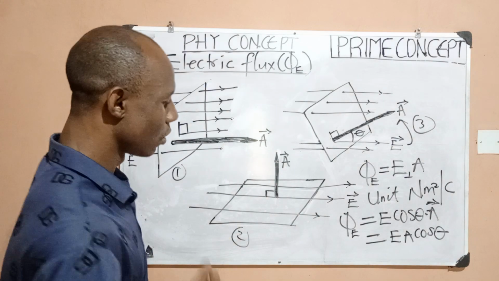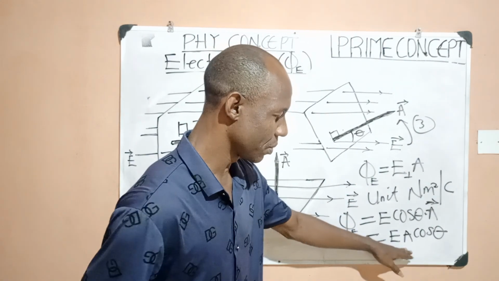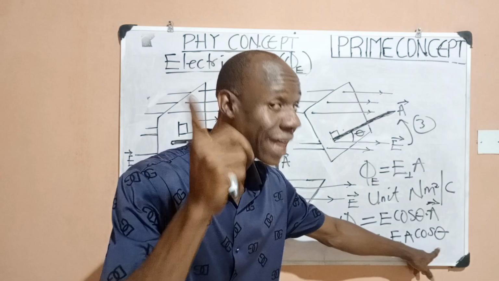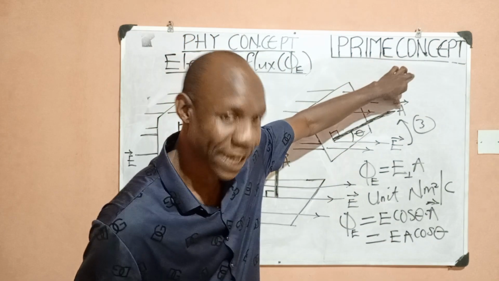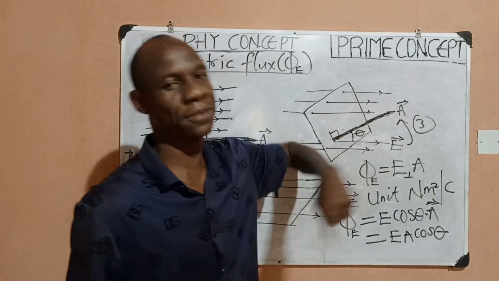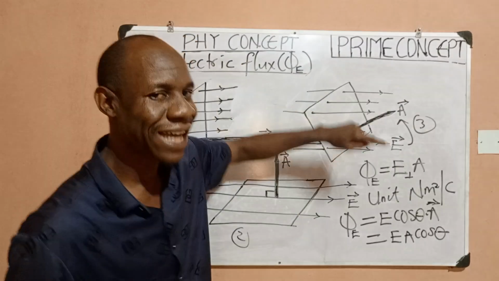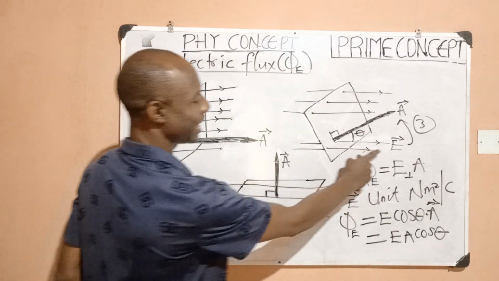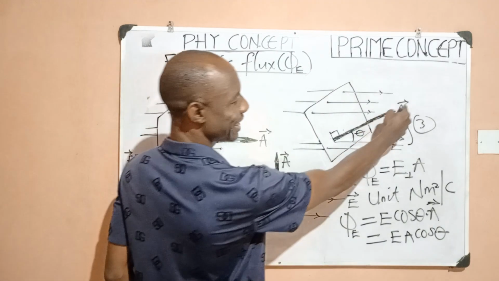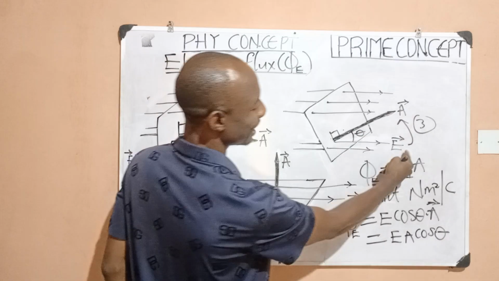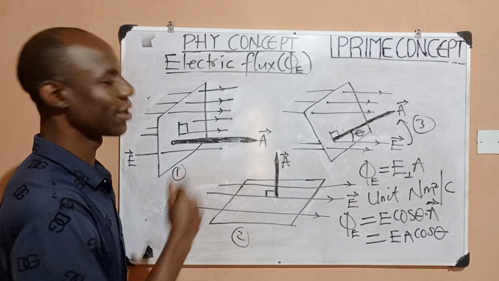Now, you should know, given from this relationship, that this angle theta is the angle between the area vector and the electric field. This angle theta is not the angle between the electric field and the surface. It is the angle between the area vector and the electric field. That is the angle theta.